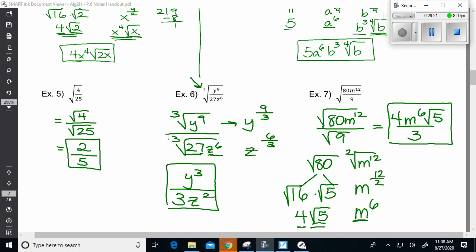I have a question for number 7. Go ahead. Why did you fix 2 and divide the exponent 12? Since you're dealing with a variable, and since a square root has an understood index of 2. They will never write the 2 for a square root because it's understood. So you have to put it so that you have something to divide. But that's only for variables. You don't need that for the number.